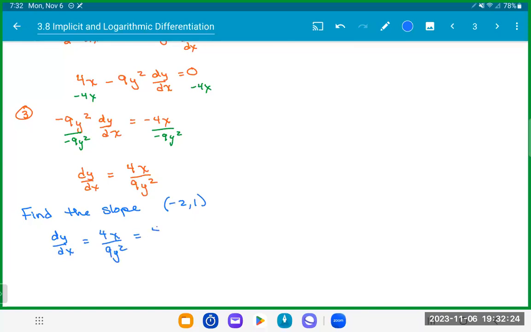So that is 4 times -2 divided by 9 times 1 squared, and that gives me -8 over 9. So that tells me that the slope of the tangent line to my curve is -8/9. Okay, questions?